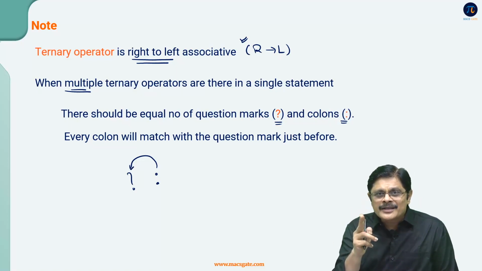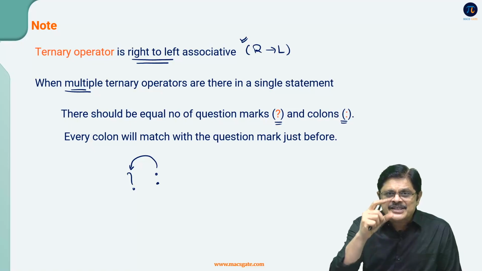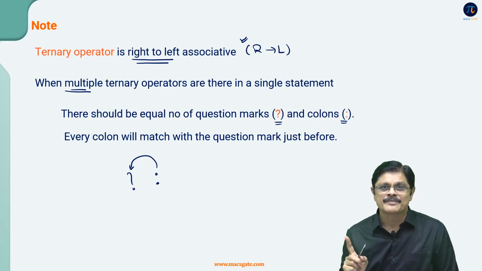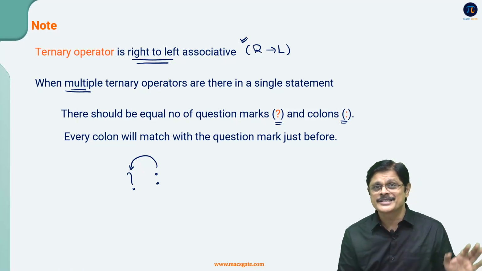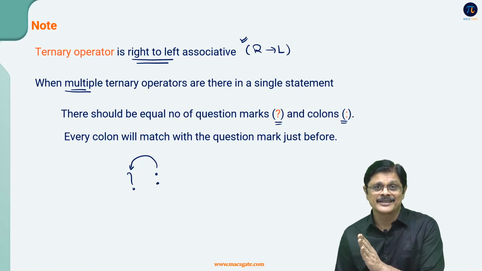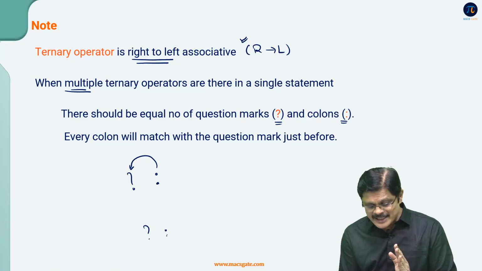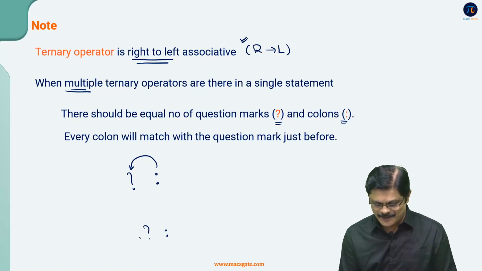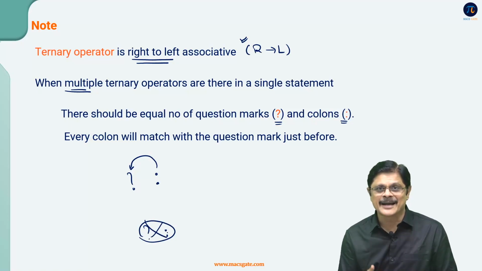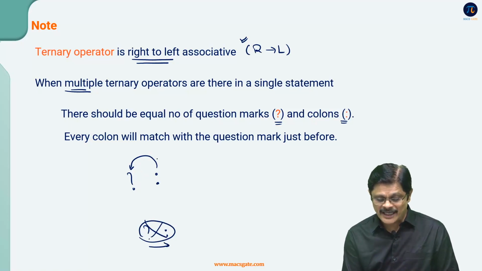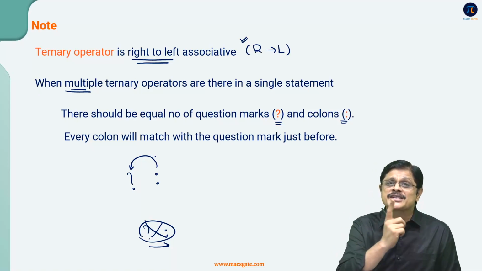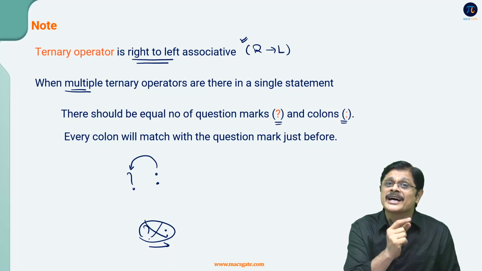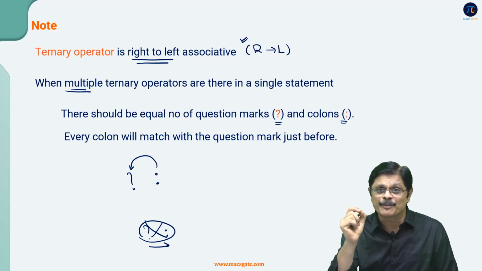So for a colon, when you are moving left, the first question mark which you encounter is the associated question mark, but not the reverse, because here you are not going from left to right. So for a question mark, this may not be the associated one. Note that. We will understand with an example. But for a colon, the first question mark which is encountered is the associated question mark. This is an important point to be noted.